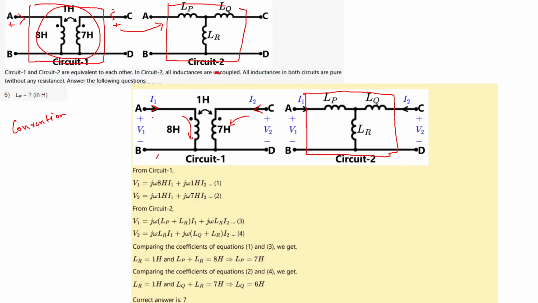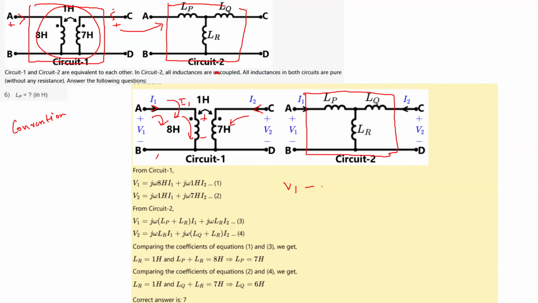So if I write the KVL here, what will be the KVL equation? KVL is like this: V1, and suppose the direction of current is like this. In the direction of the current, the voltage is dropped across the inductance. The drop means we are entering the positive and leaving with the negative sign.